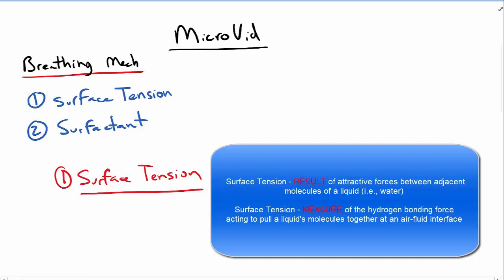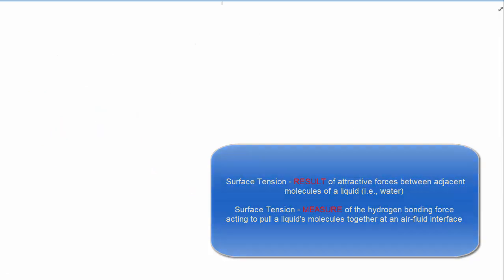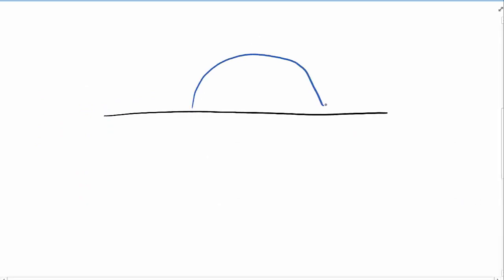So to depict this, let's draw a water droplet. Here we have a flat surface with a water droplet on it, and as you notice, the water droplet is domed.